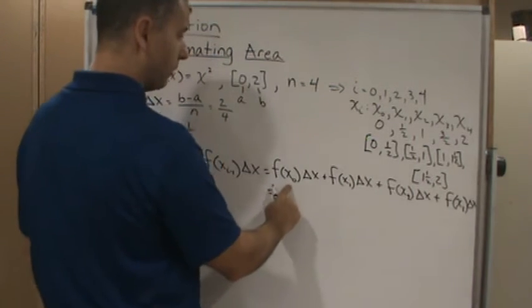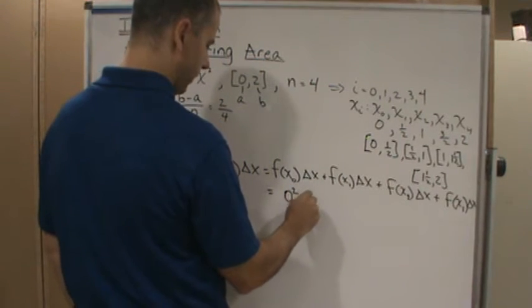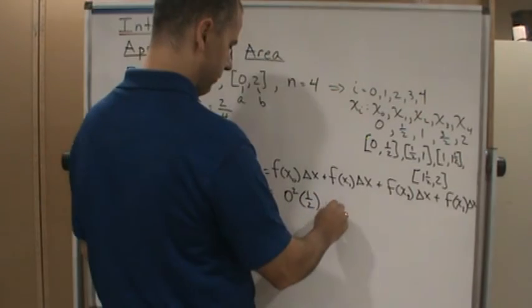So x0 is 0. So this is going to be 0 squared times a half, because delta x is a half.